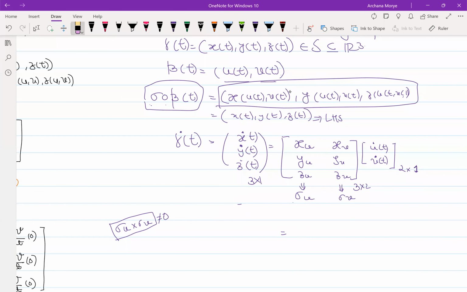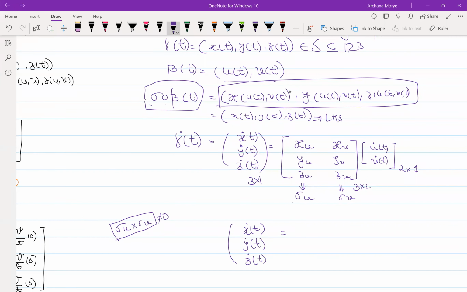Now I'm writing this in terms of vectors. Can you tell me what the RHS product is? This is x dot t, y dot t and z dot t.